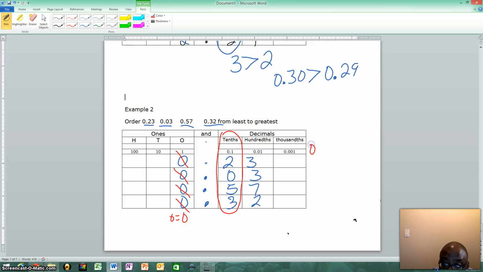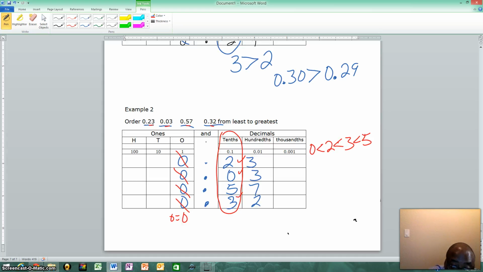That 0 is less than 2, and 2 is less than 3, and 3 is less than 5. So now when we order these from least to greatest, we're looking at the digits in the tenths place, which is 0, 2, 3, and 5.